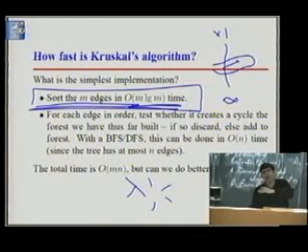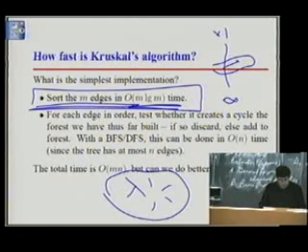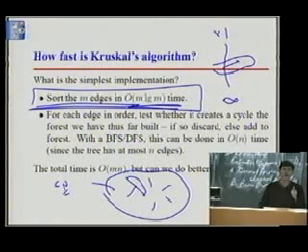If it made a cycle, I would take that edge out of my tree, right? So in general, I'm going to be taking my current graph, which has less than n edges. I'm now going to insert another edge into it and ask if this graph has a cycle.